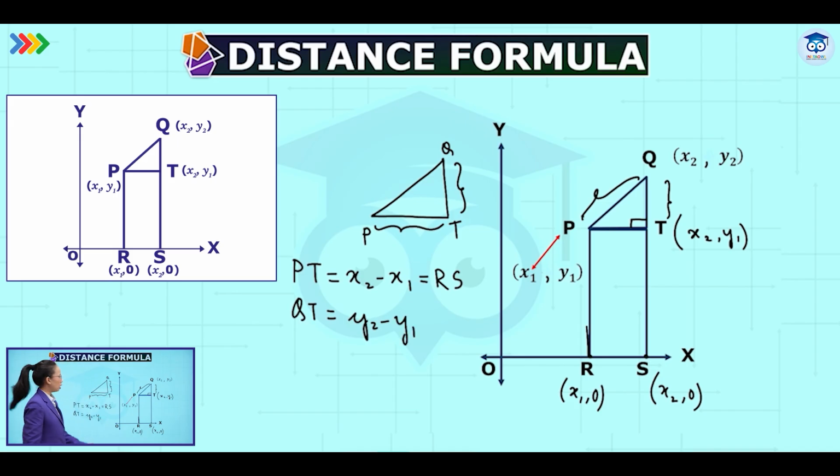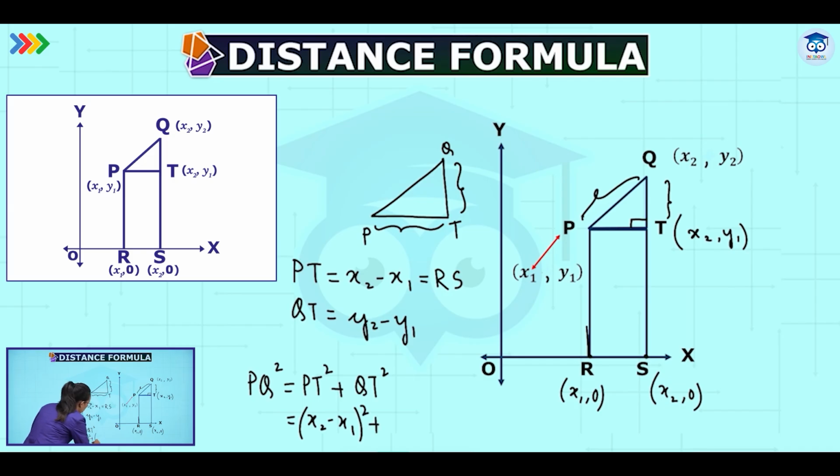Now let's use the Pythagoras theorem. By the Pythagoras theorem, PQ squared is equal to PT squared plus QT squared. So PQ squared is (x2 minus x1) whole squared plus (y2 minus y1) whole squared. Now if we are calculating only PQ, we are going to find the square root of this.